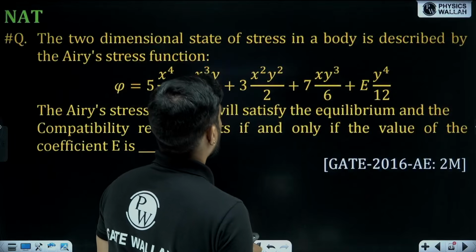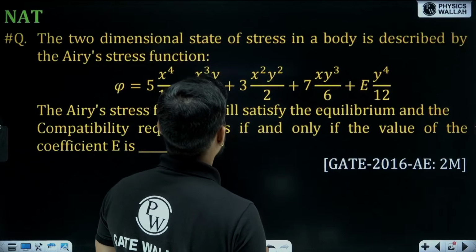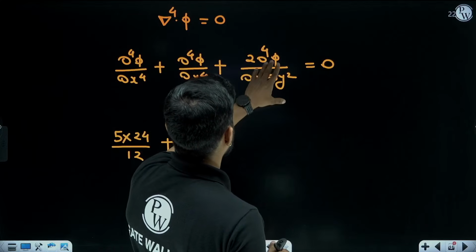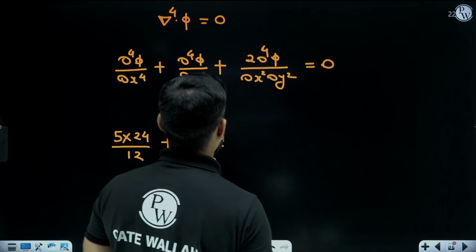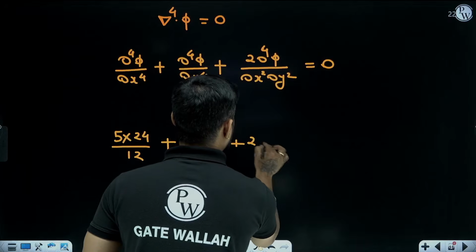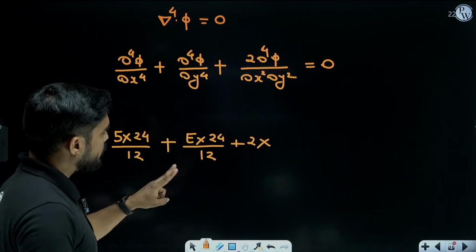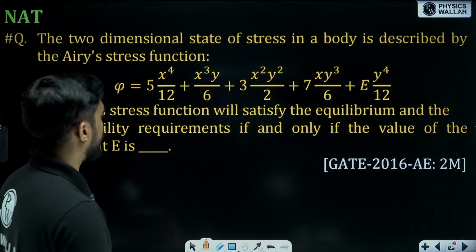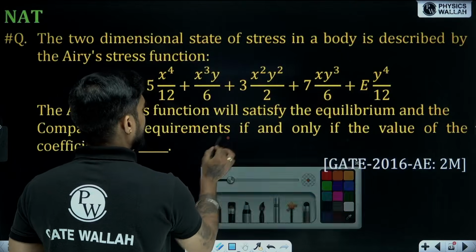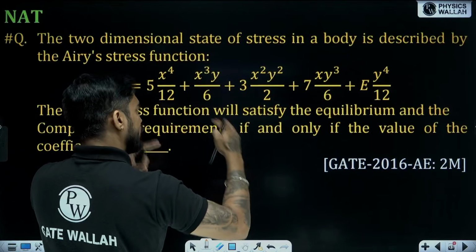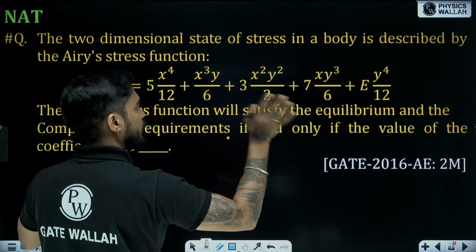Okay. And 2 into dou square phi by dou x square dou y square. So 2 into, if I differentiate with respect to x 2 times and with respect to y 2 times, only the term which has both x and y to the power 2 or more will be there.